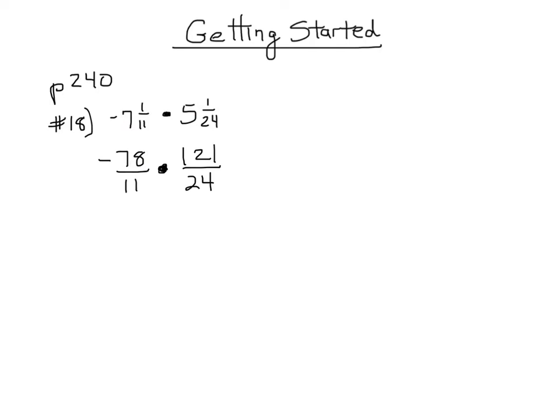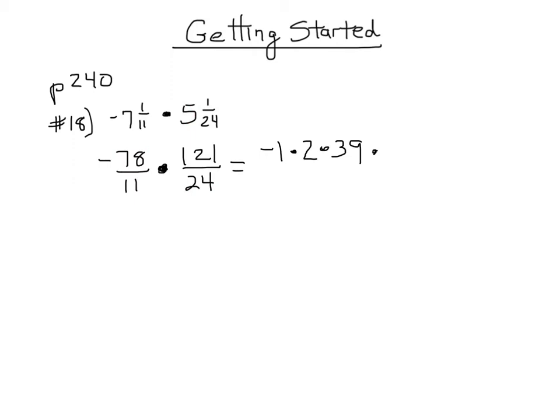So I look first at 78. And 78 is even, so I know it can be divided by 2. So I'm going to write it as negative 1 times 2 times 39, because 39 times 2 gives me 78. Now I multiply that by 121.